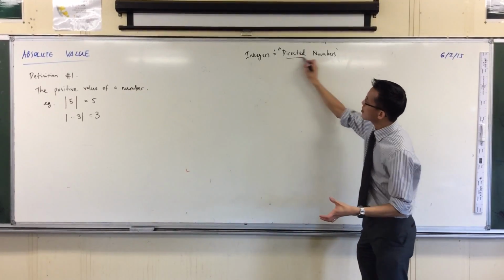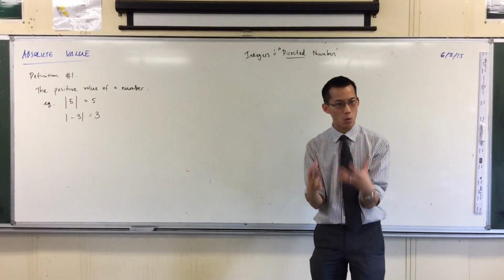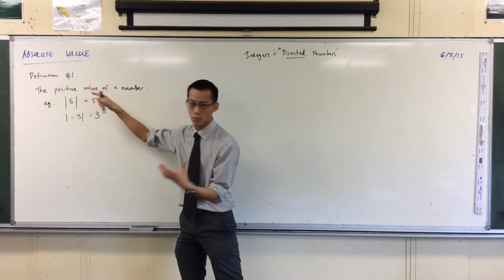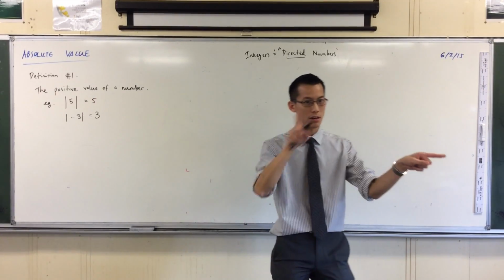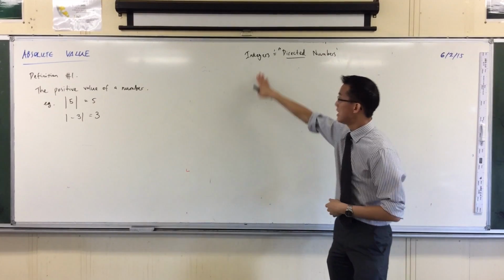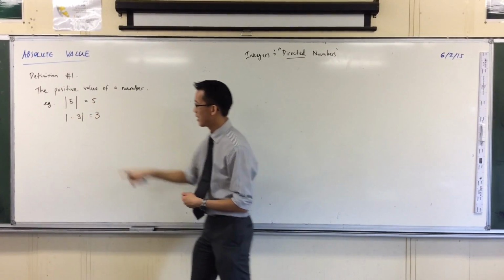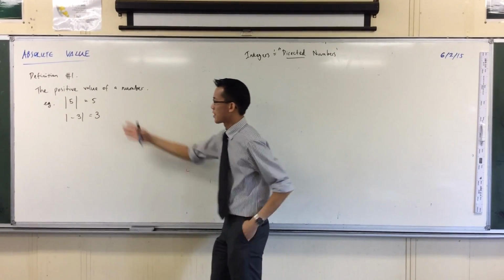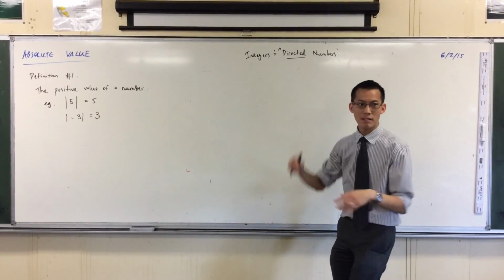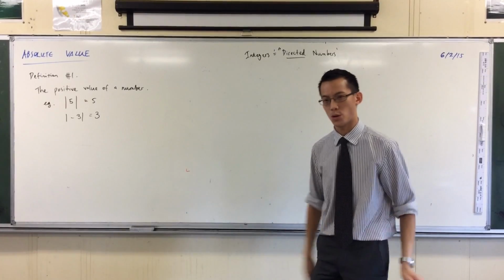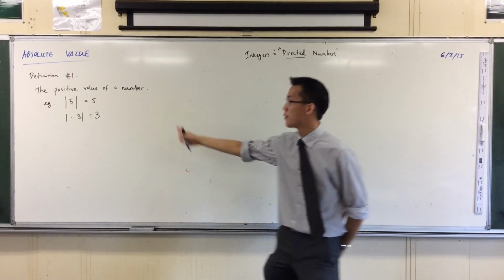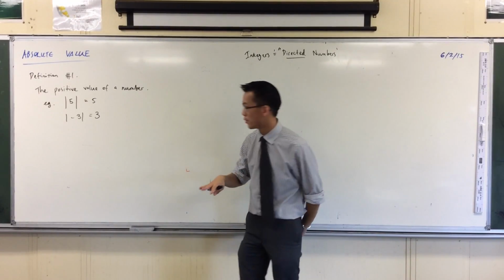But then it expands this idea that numbers are not just about quantity or value or size. They can go in certain directions, okay? Integers can go in one of 2 directions, positive or negative, okay? So another way of saying this is, what's the positive direction equivalent of whatever number you're giving me, okay? So, positive value of a number, that's pretty simple.